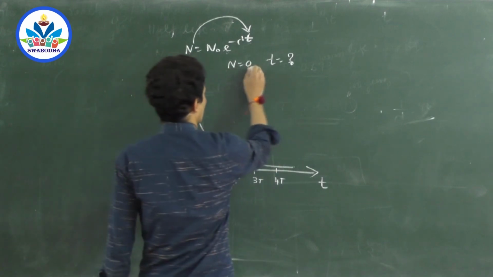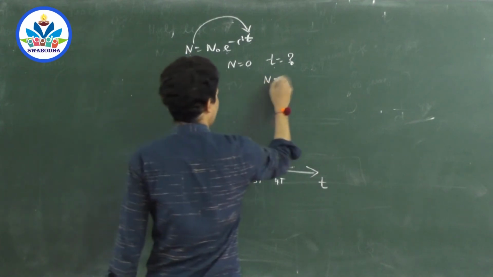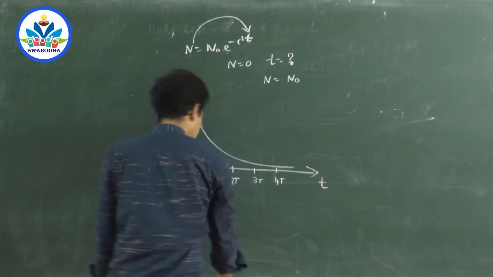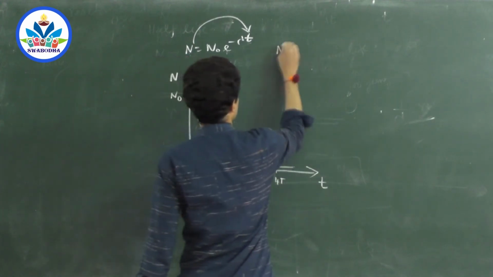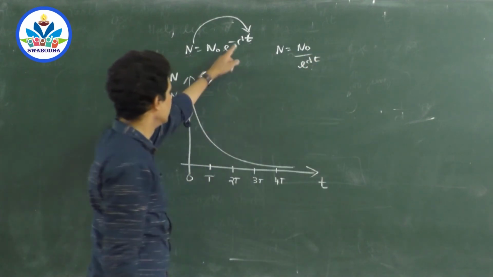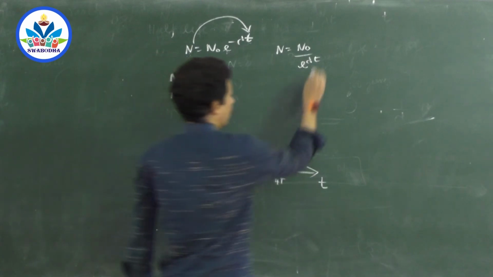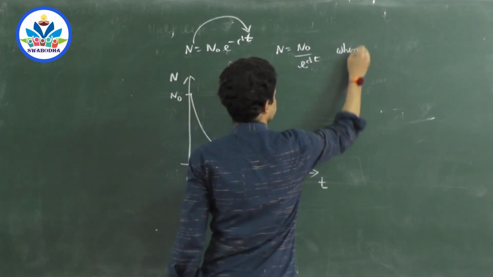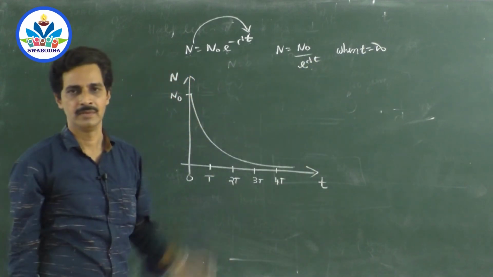N is equal to 0 at what time? If N has to be 0, can I write N is equal to N naught by e to the power lambda t? Correct? E to the power minus x is 1 by e to the power plus x. Now when t is infinity, what happens? E to the power infinity is infinity.